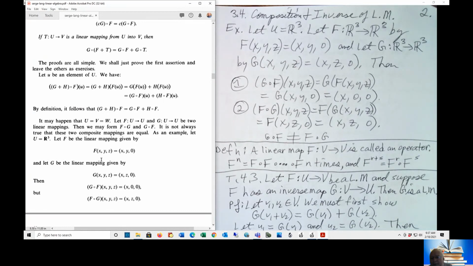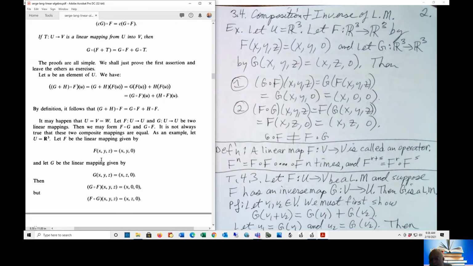And let G be the map from R3 to R3, mapping the ordered triple x, y, z to the ordered triple x, z, 0. Now F and G are very similar, but G is slightly different to F because you're swapping the y for the z.